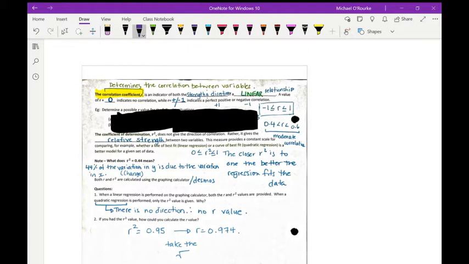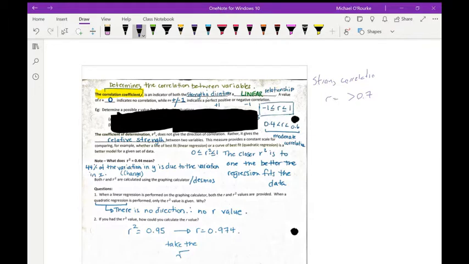Now, if you remember, or if you look back a page, you'll see that there's an R equals underneath strong, moderate, and weak. This is what we're going to write down. So a strong correlation will have an R value greater than 0.7.